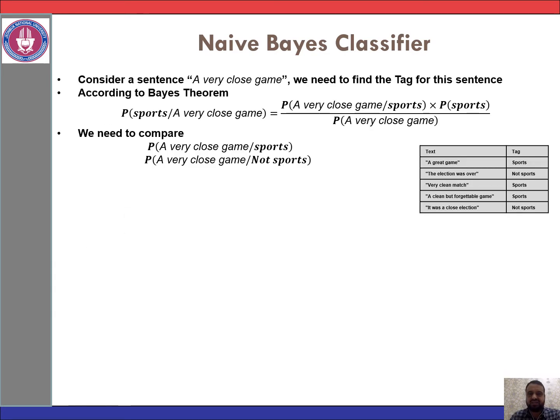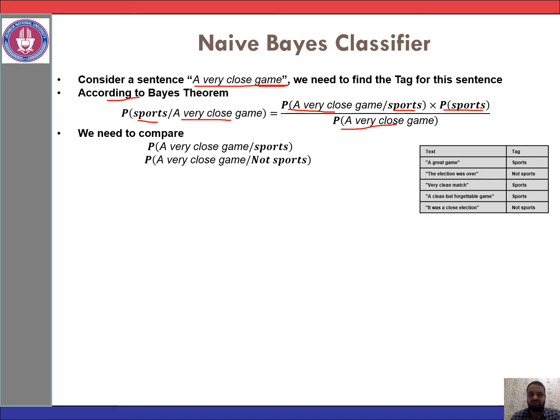Now consider a sentence is given which is "a very close game", and we want to find the tag for this sentence. According to the Bayes theorem, the probability that it is sports given the sentence is equal to probability of the sentence given that it is sports multiplied by probability of sports divided by the normalization term.